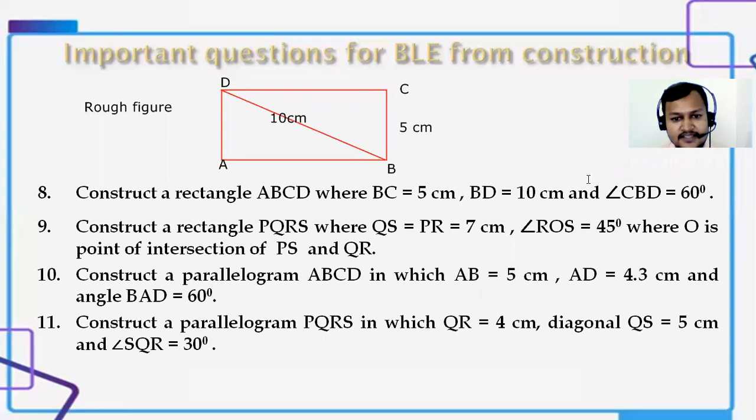And angle CBD. Angle CBD is equal to 60 degree. This angle given to us is 60 degree. So these things are given to us.